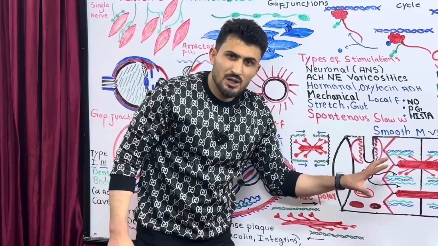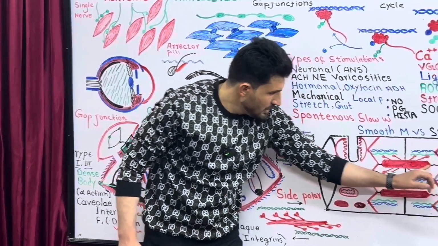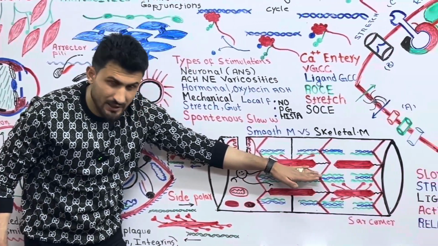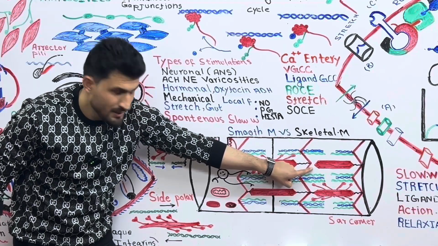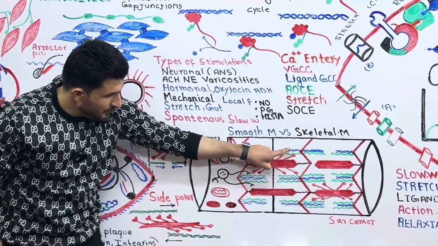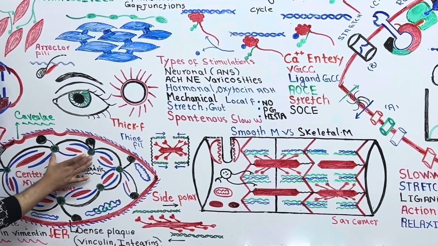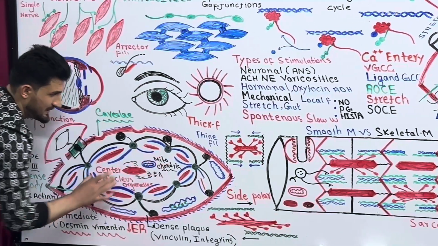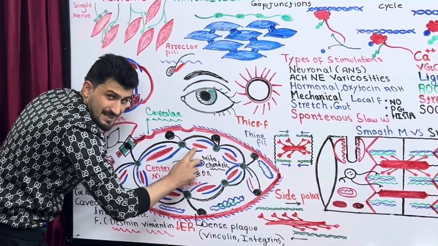Okay, now about the contractile unit of smooth muscle. Here in skeletal muscle, we had thick filament, okay, that thick filament is connected to the Z disc by some proteins, and we have thin filaments, okay. But here between two dense bodies, we have thin filaments plus thick filaments.